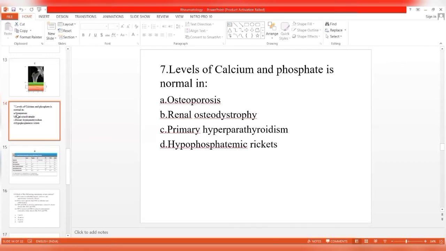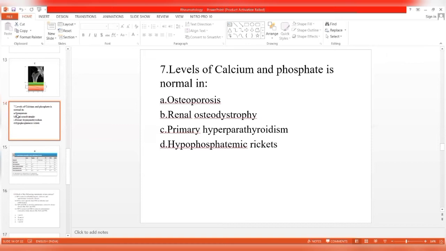We will be thinking that osteoporosis is reduced bone mineral density, so there will be reduced calcium in the blood. No. In osteoporosis, why is there reduction in bone mineral density? Due to hormonal issues, is it not? It is most common in females.